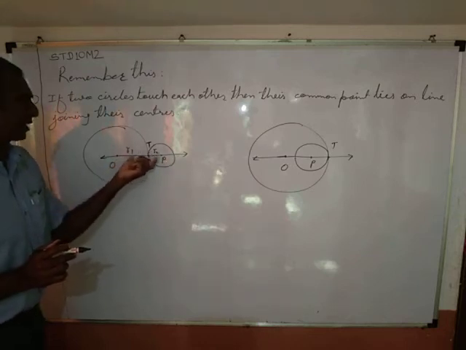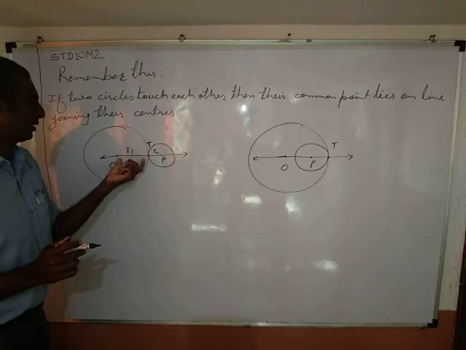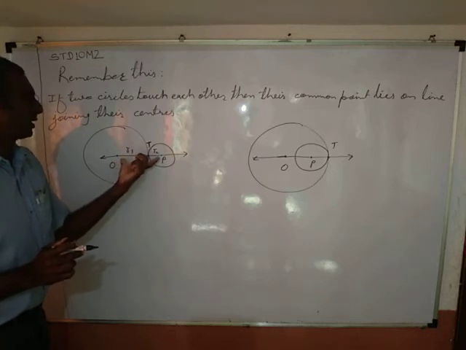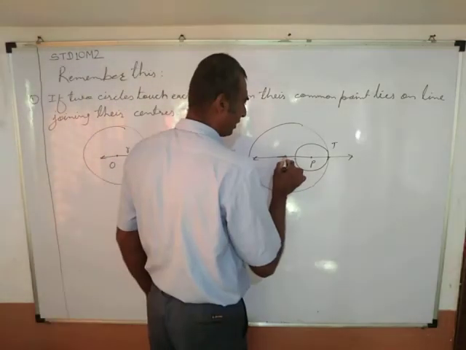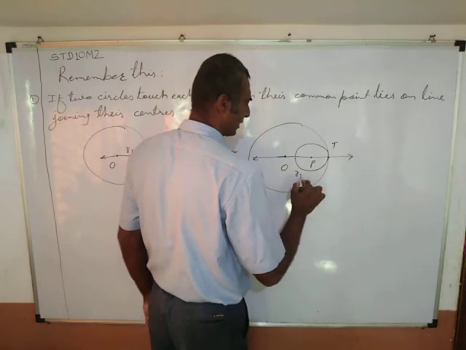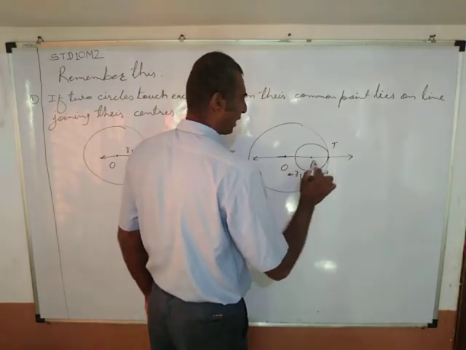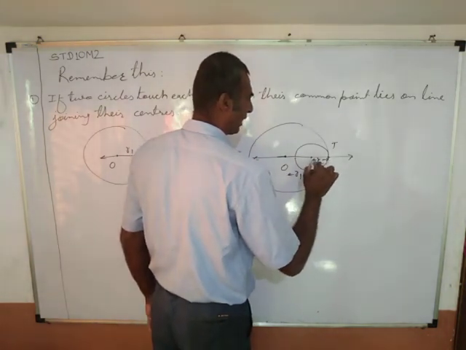Means in a case of externally touching circles, the distance between centers of such circles is equal to the sum of their radii.